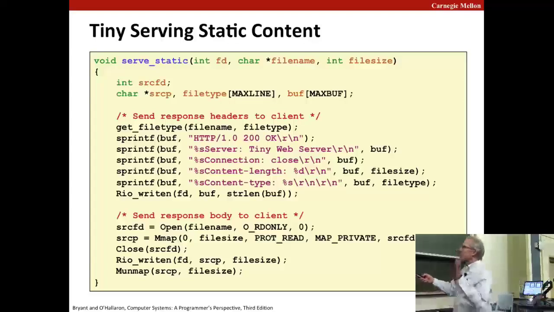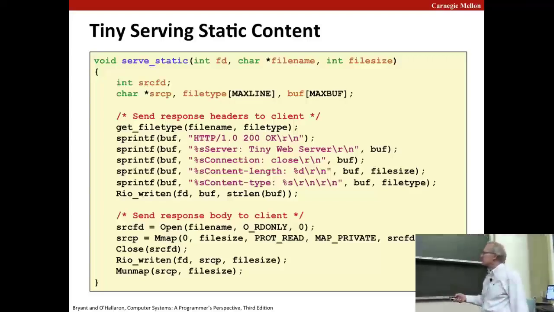So get file type is another function somewhere else that's telling which MIME type this particular file is. And so it's putting that together, and now it writes that out. So it writes the header information out to the client. So it's sending back to the client.